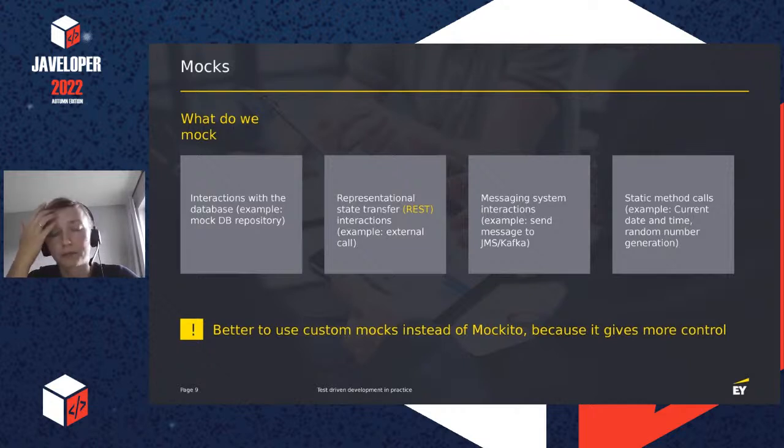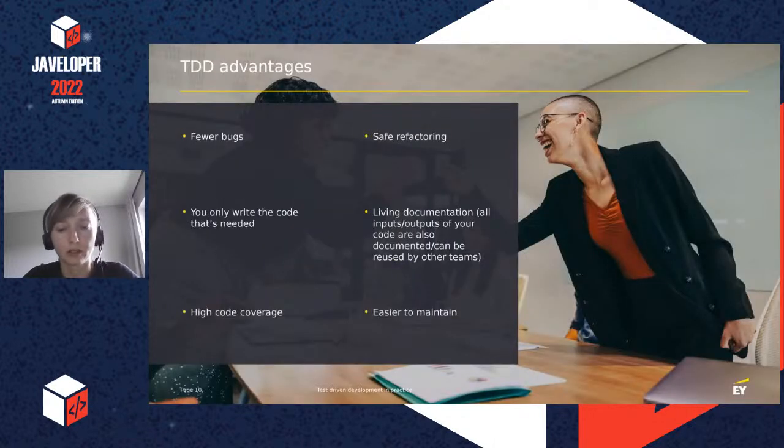I mean calls like current date and time, random number generation, or similar. In my opinion, it is better to use custom mocks instead of Mockito because it gives us more control and more ability to check our results properly. Okay, so let's switch to code, please.